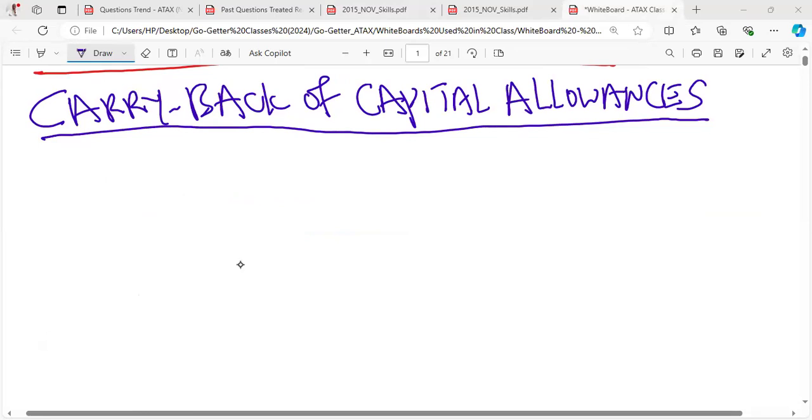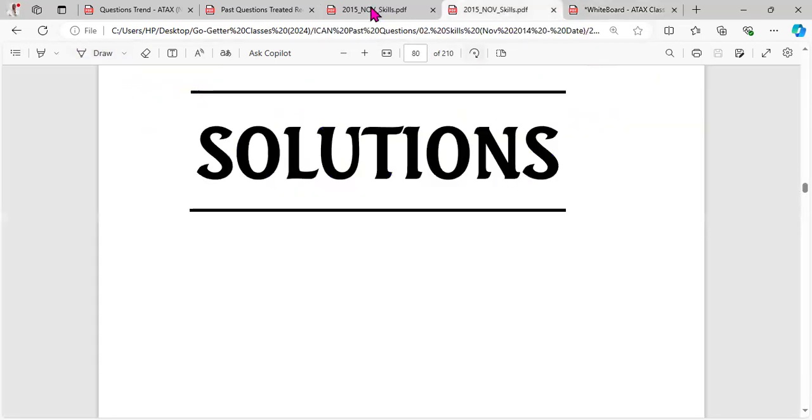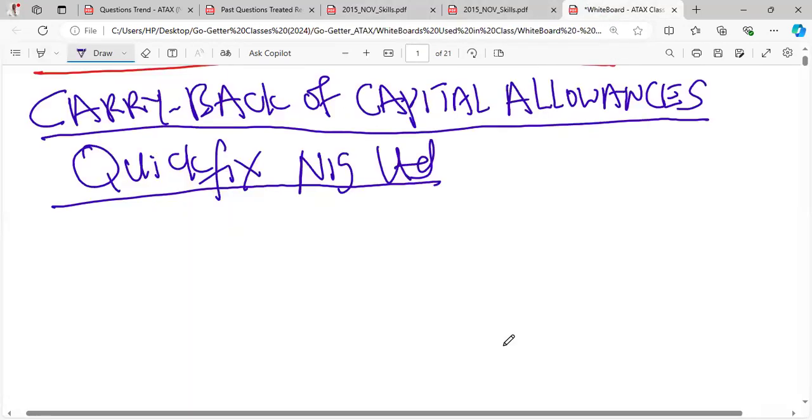This is Quick Fix Nigeria Limited. All right, so you are going to do, what's the requirement? Revised assessment for the relevant years of assessment.